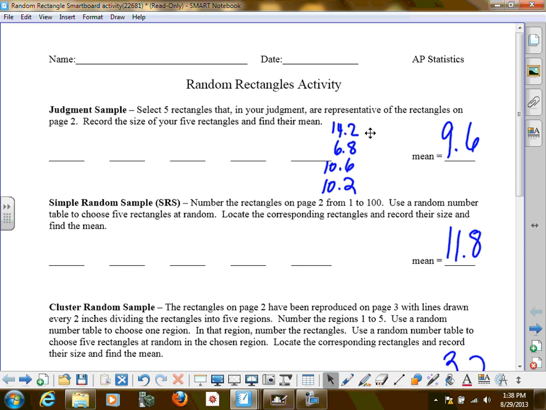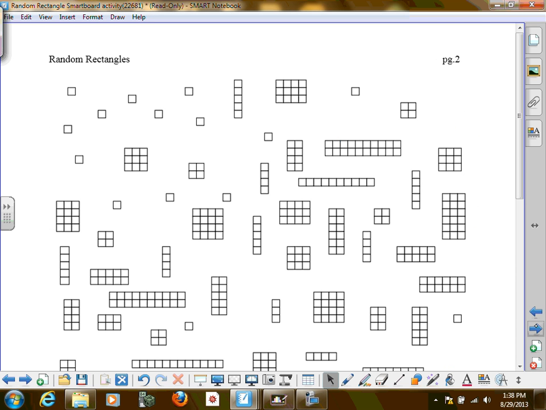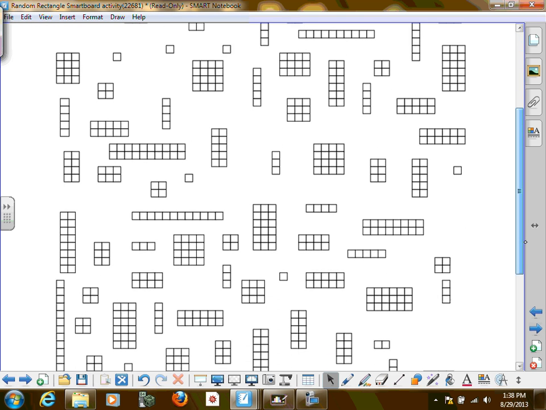Here's the interesting thing about all these numbers. 4 out of the 5 of them are higher than the actual average. Let me tell you why. When you see this page of rectangles, your eye, just by nature of your brain, is drawn to the larger shapes.